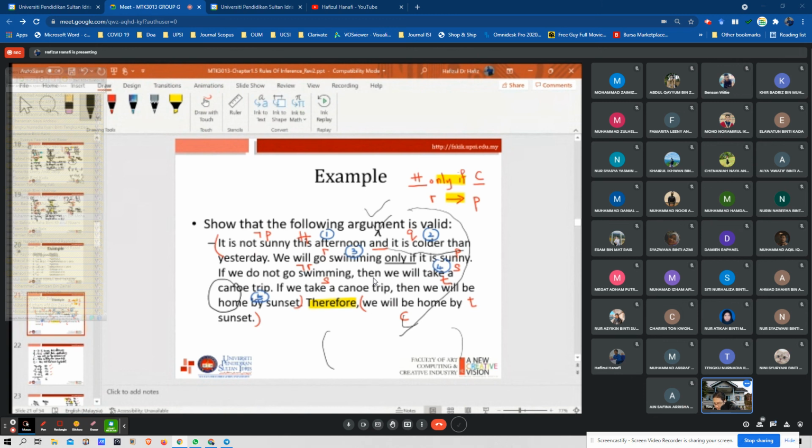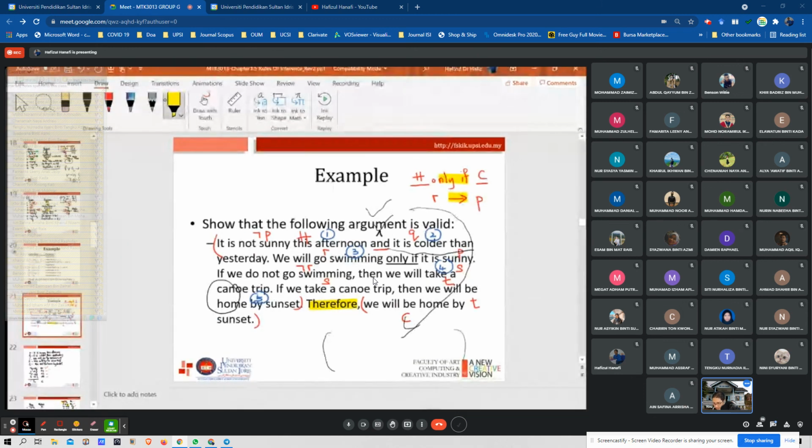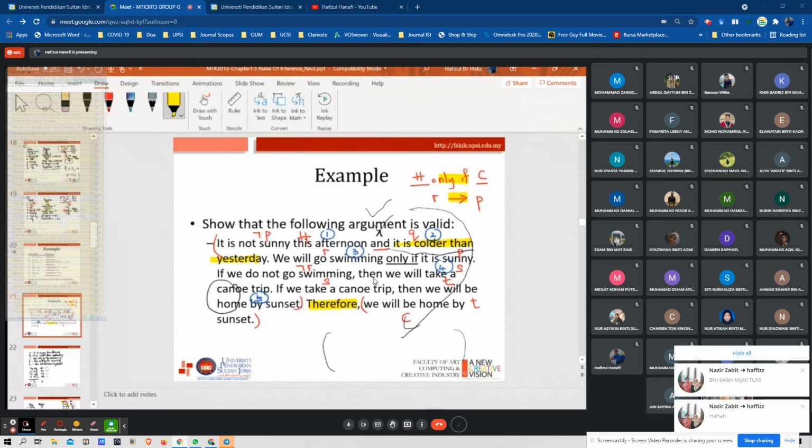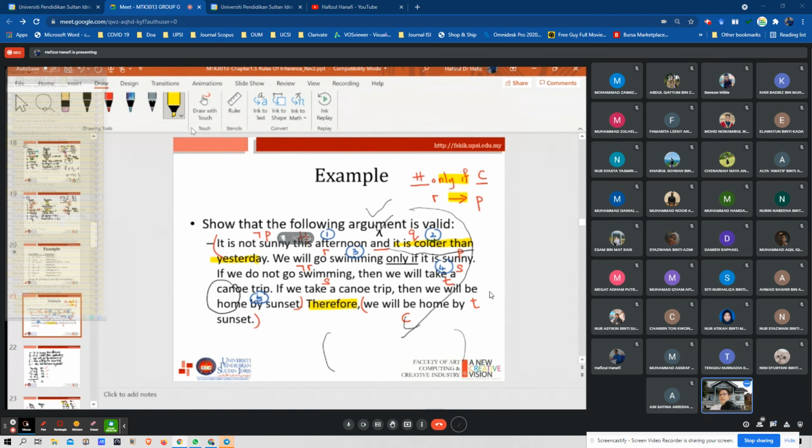Okay, this one is hypothesis 2. Okay, and then we go by the swimming R. We will go by swimming only if it is sunny.